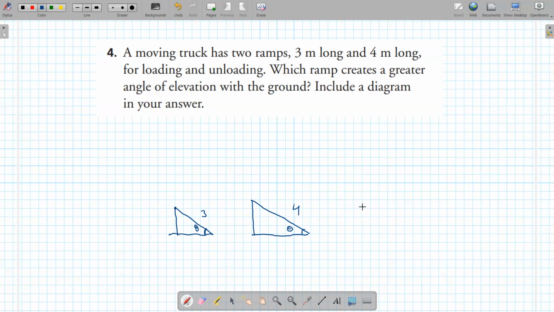I'll give you a hint. If it was a meter, it'll probably be something like this. If it was 0.5 meter, it'll probably be something like this. If it was 10 meters, then you have a lot of leeway.